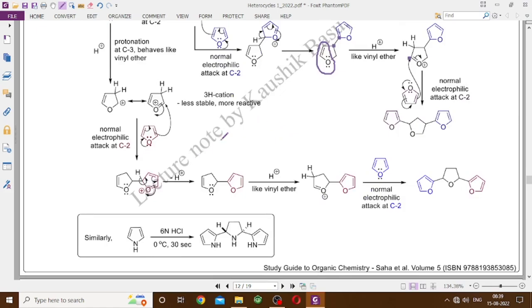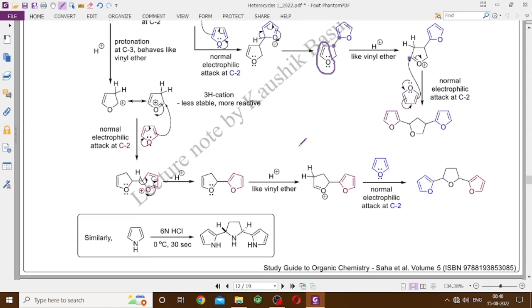Similarly, if you expose pyrrole in, say, 6 normal HCl, and you can see that it is an extremely controlled condition at temperatures as low as 0 degrees centigrade and only for 30 seconds, you still get the corresponding trimer where the central pyrrole ring has incorporated, through both of its alpha carbons, two additional pyrrole units on both of its sides.